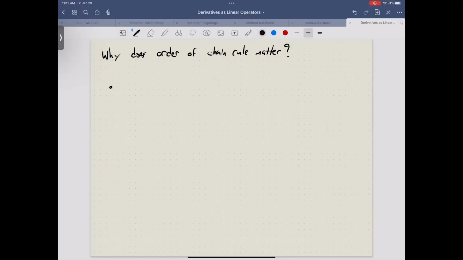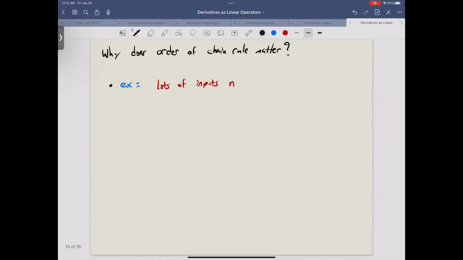So let's do a machine learning example. We have lots of inputs. Actually, my inputs are red. N is large, and only one output.